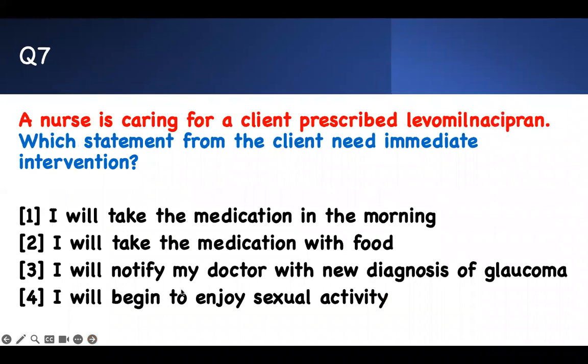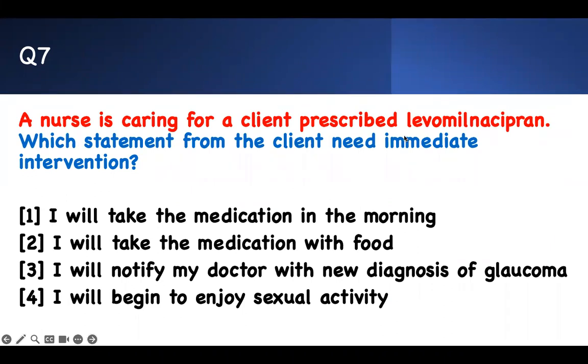Number 7. A nurse is caring for a client prescribed levomilnacipran. Okay? Long name. It's easy. Don't worry about it. Which statement from the client needs immediate intervention? What do you think? You have to recognize what kind of medication this is.